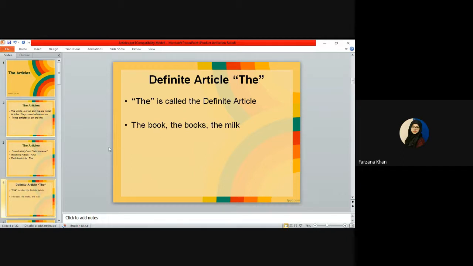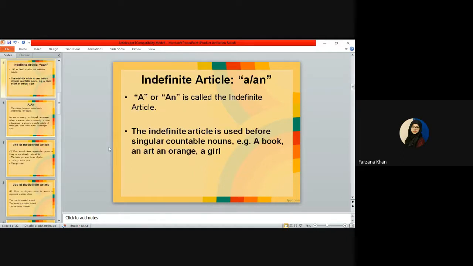So when we talk about the indefinite article, the indefinite article is a, and the variant of the indefinite article is an. It is called the indefinite article because it is used with singular countable nouns, meaning the nouns which are countable but singular.